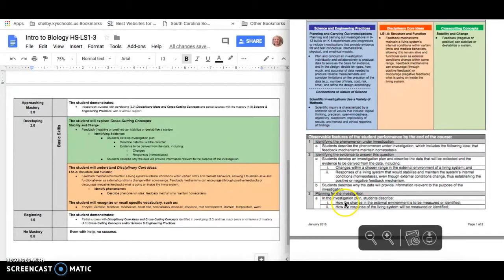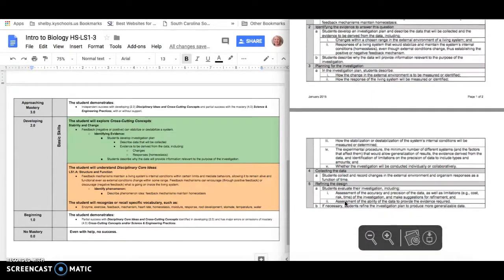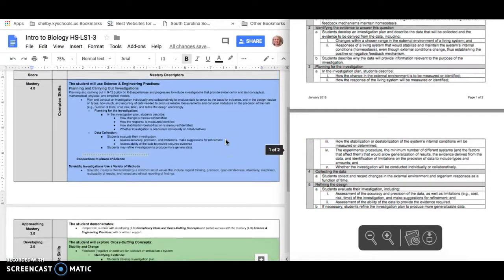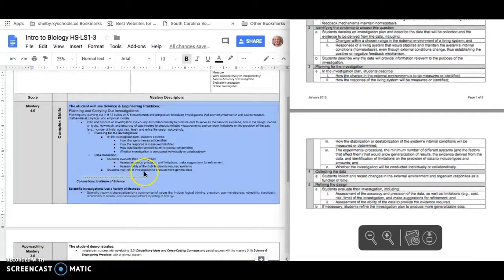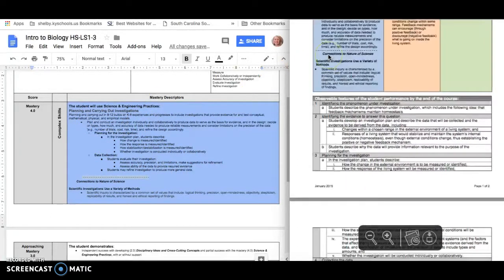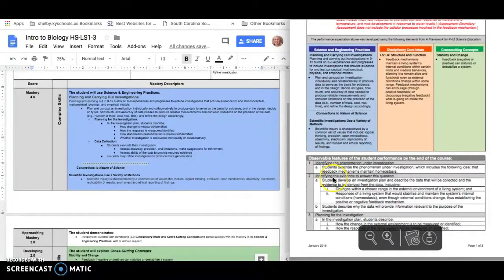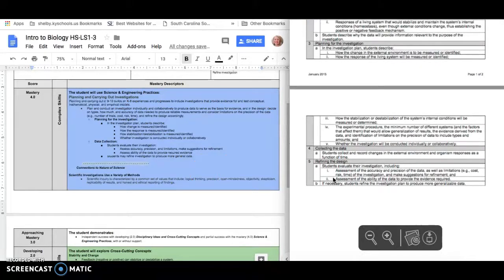The next portion, the planning, I've taken all of this and I've placed it in this area here. So all of this portion is from the science and engineering practices, and I have put planning for the investigation in bold.